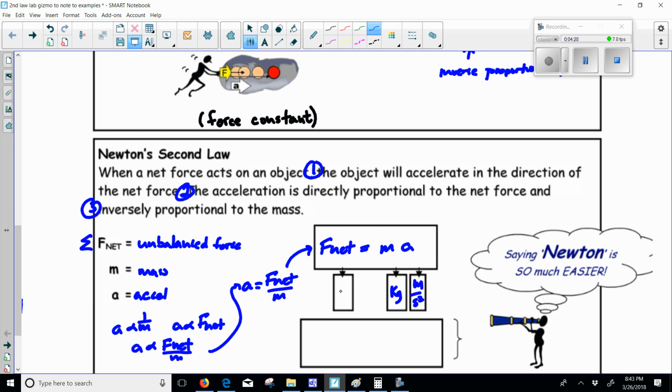And newtons are what we use to measure forces. So a newton is equal to a kilogram meter per second squared. This is just another way of writing the newton in some more fundamental units. Usually we write it down as newton.